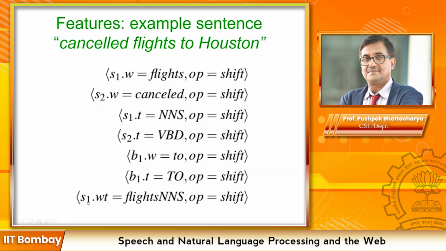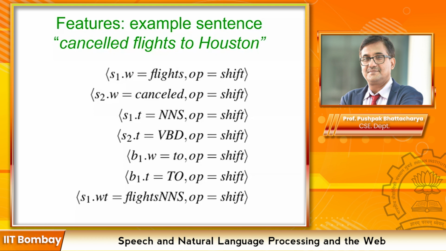And if the first element on the stack has word feature as flights and POS tag feature as NNS, then operator is shift. Okay, so we will understand this more carefully with more refinement and detail. I'm just giving you the first level understanding of feature engineering.